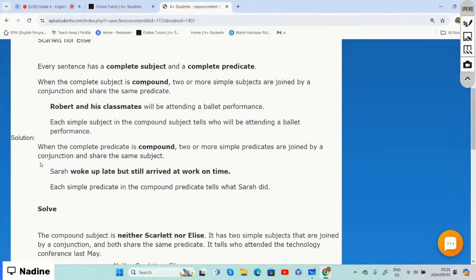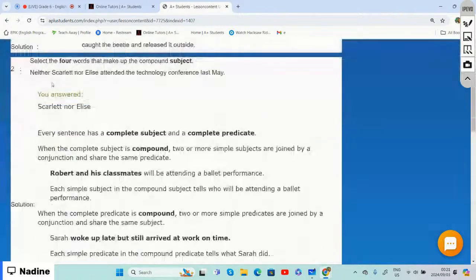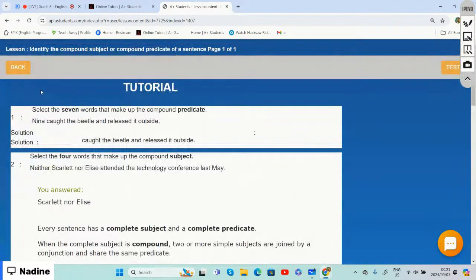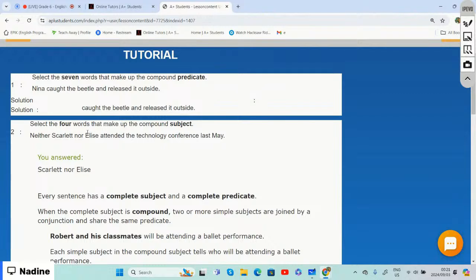All right. So now we're going to do an activity on identifying the compound subject or compound predicate in a sentence, and then we're going to do our test.